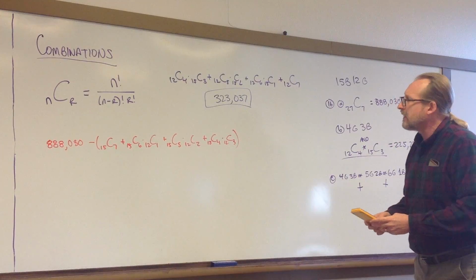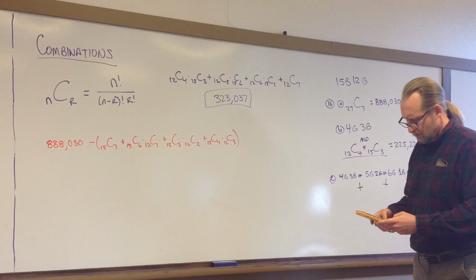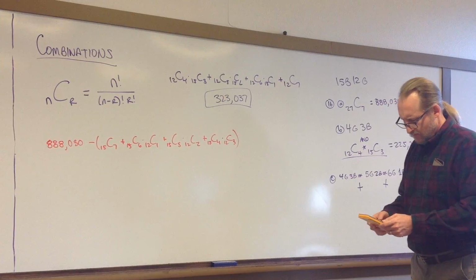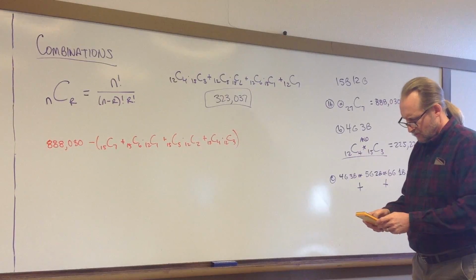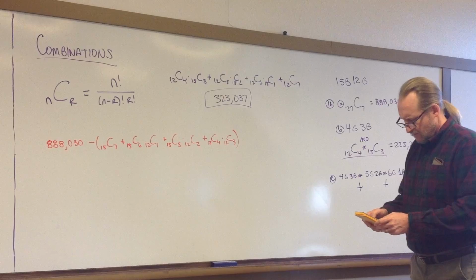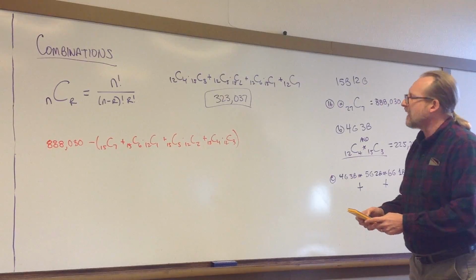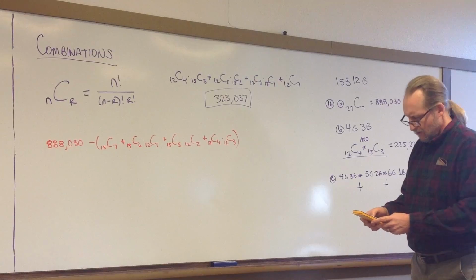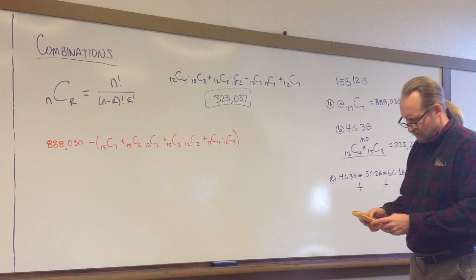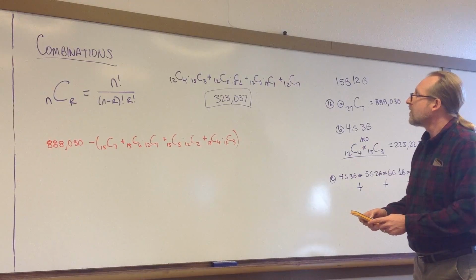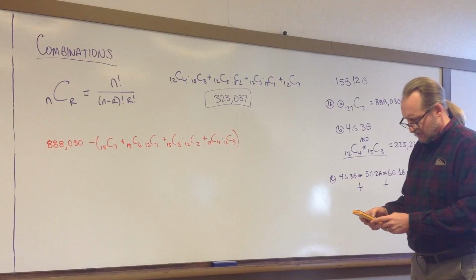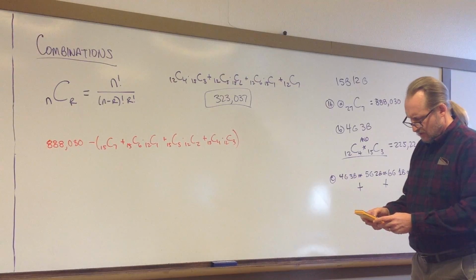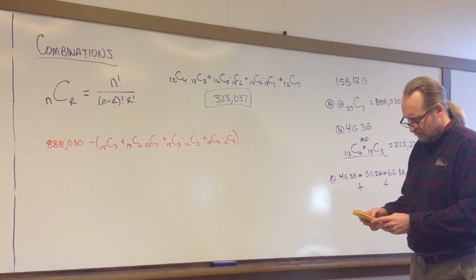All right, so 888,030 minus, let's see here, so we want 15C7, and then 15C6 times 12, 15C5 times 12C2, and then 15C4 times 12C3.